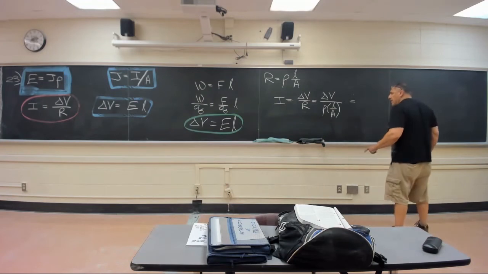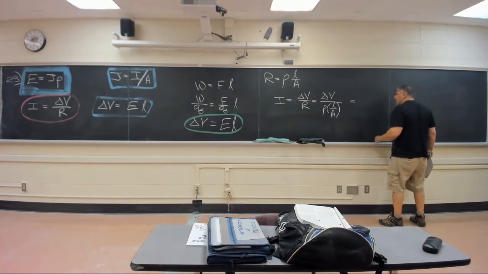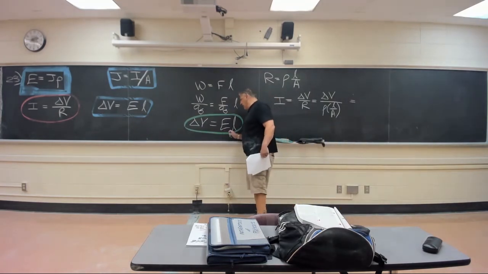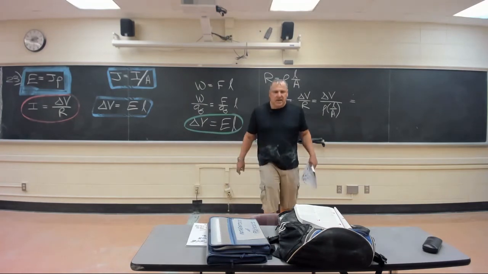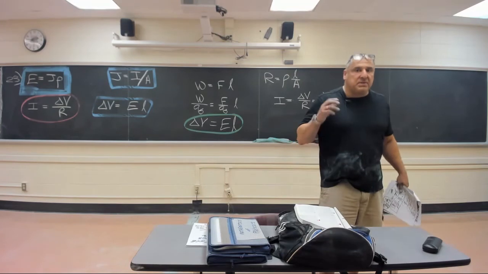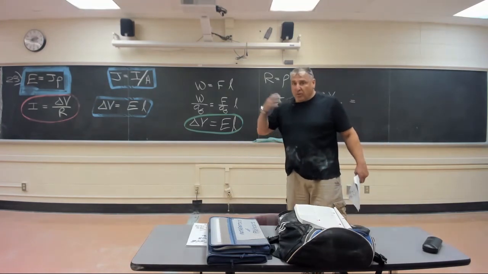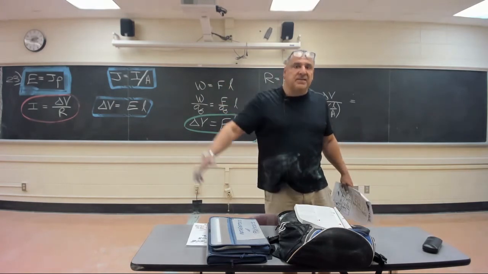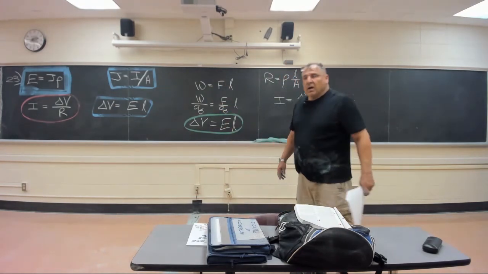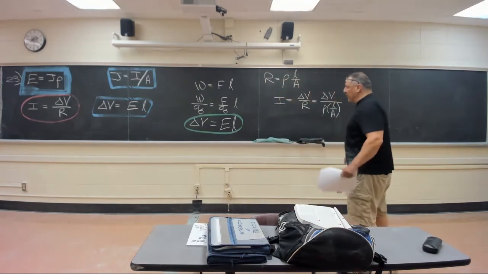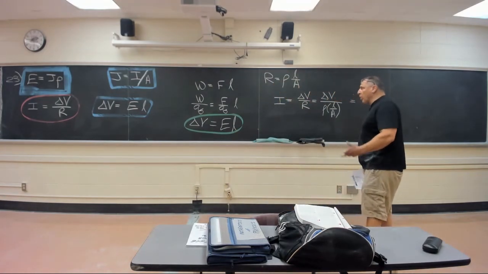Well, let's see what we got. We said delta V, the change in the potential, is directly proportional to an E field, and directly proportional to the distance over which an E field is going to move something. The further the distance I move something across this potential difference, the more work I've done.